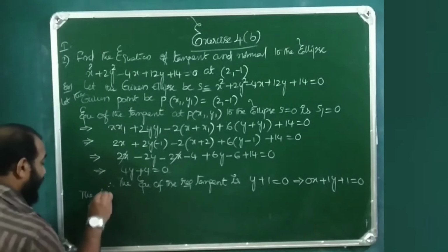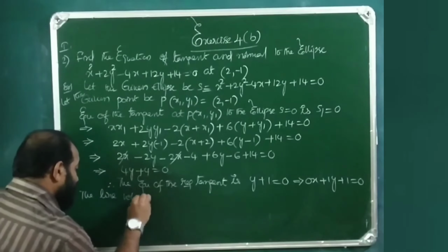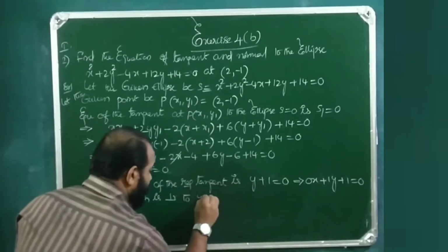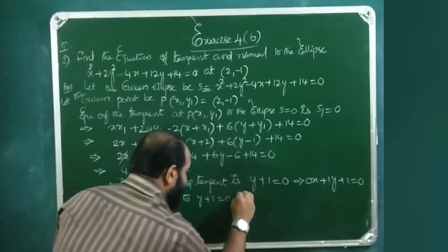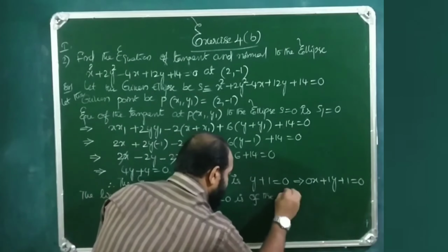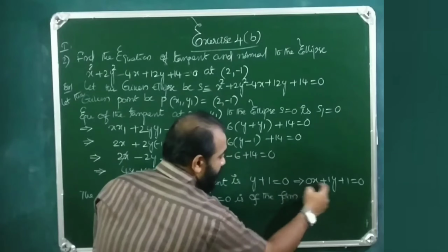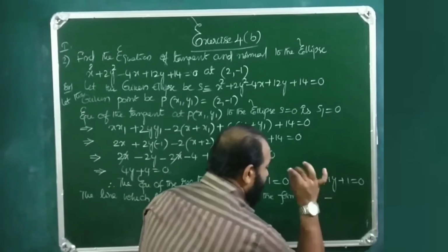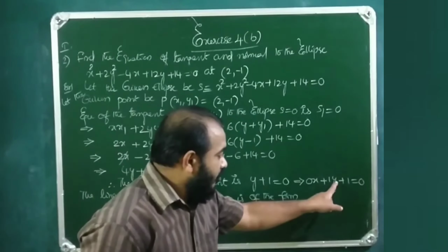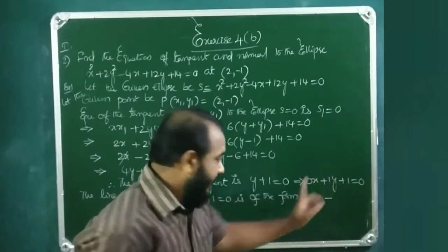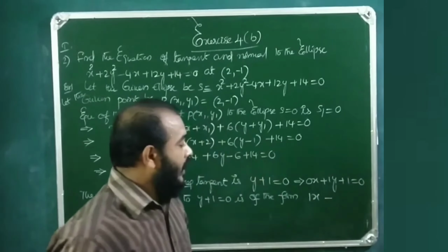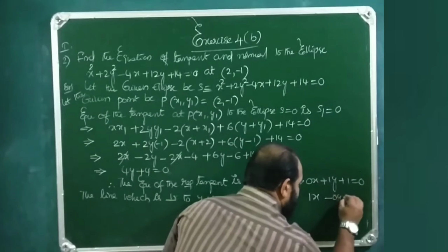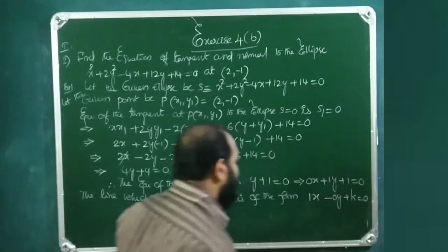The line perpendicular to y plus 1 equals 0 is of this form: the plus in between is replaced with minus, the y coefficient 1 is shifted to x, and the x coefficient 0 is shifted to y, so 1x minus 0y plus k equals 0.